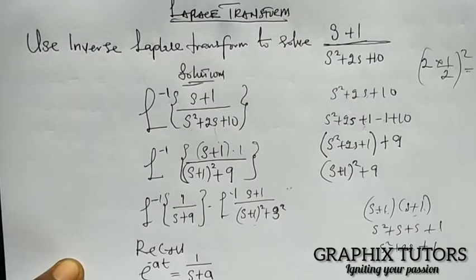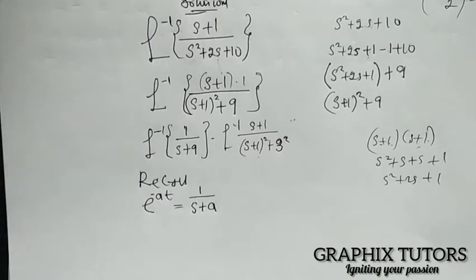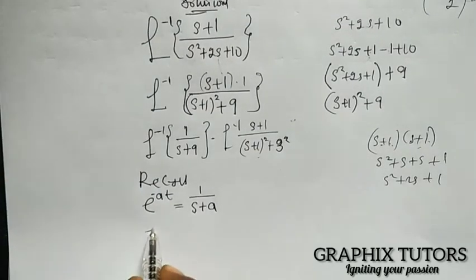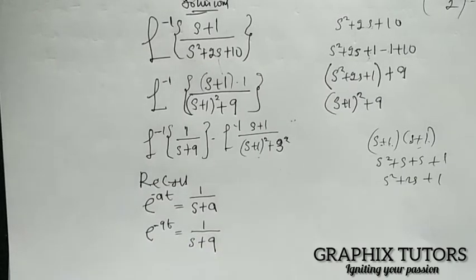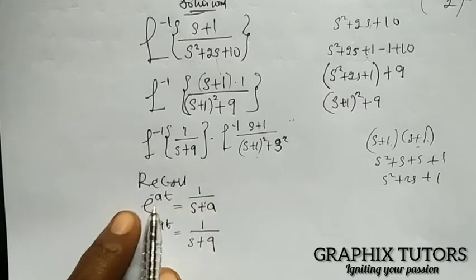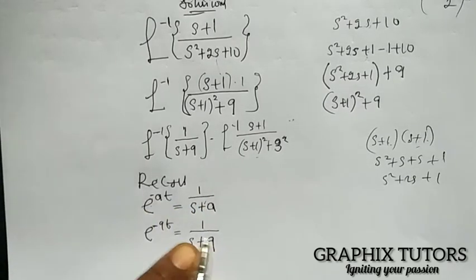So that means if I have e raised to the power of minus 9t, it will give me 1 all over s plus 9. Is that taken now? So if I'm going backward, it means I am using the Laplace inverse for this. So the Laplace inverse of this will give me this.